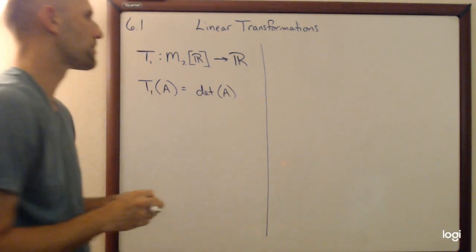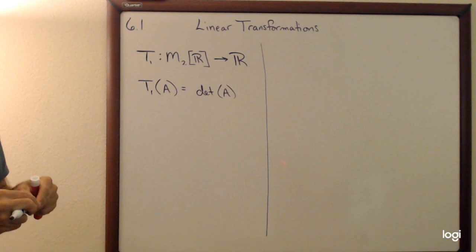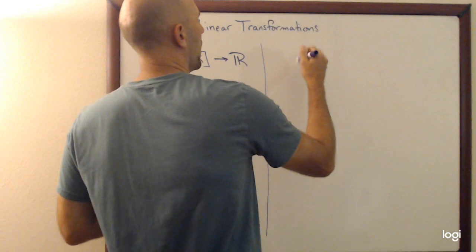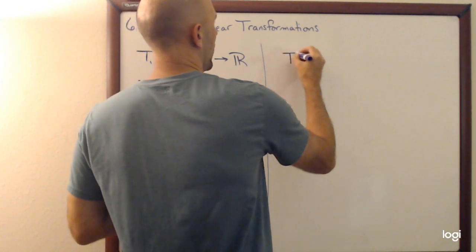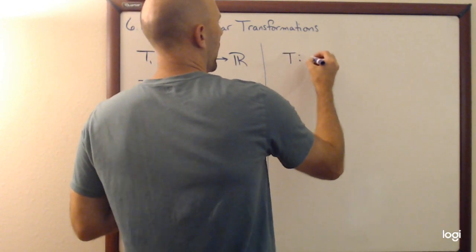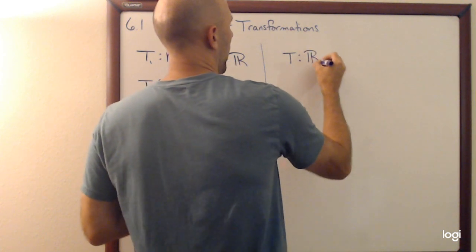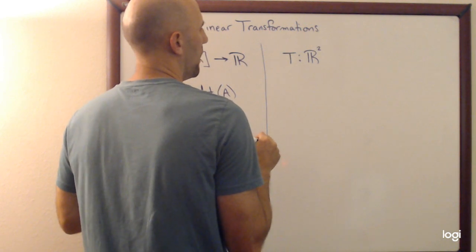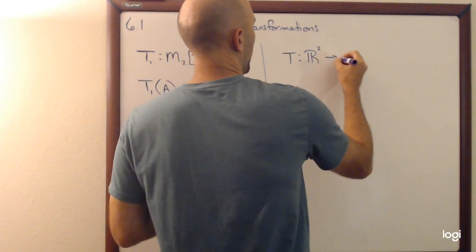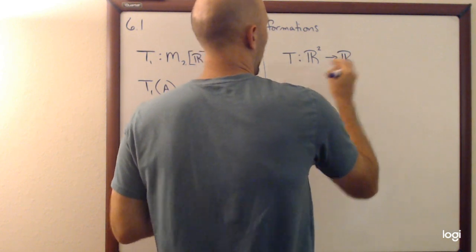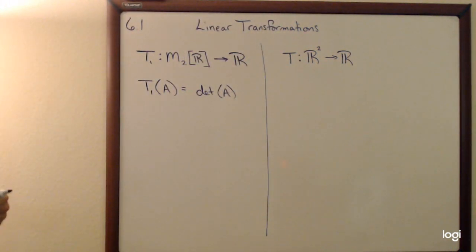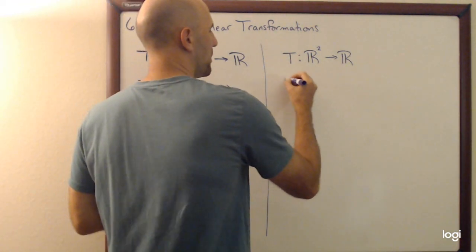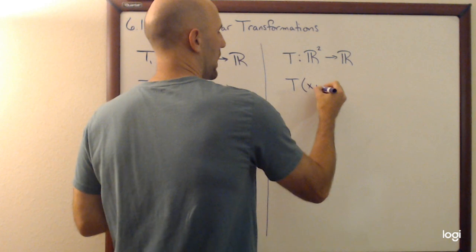There we go. Okay, let's make T, and T is going to map R2 to R. Okay, so T is going to map R2 to R. And the action here is that T will take x, y.